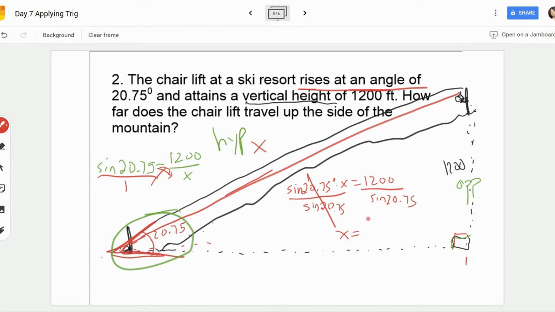I have 3,387 feet. Well, looks like 2 F's. Okay. So again, you just got to be able to set up a picture usually, or just visualize it somehow.